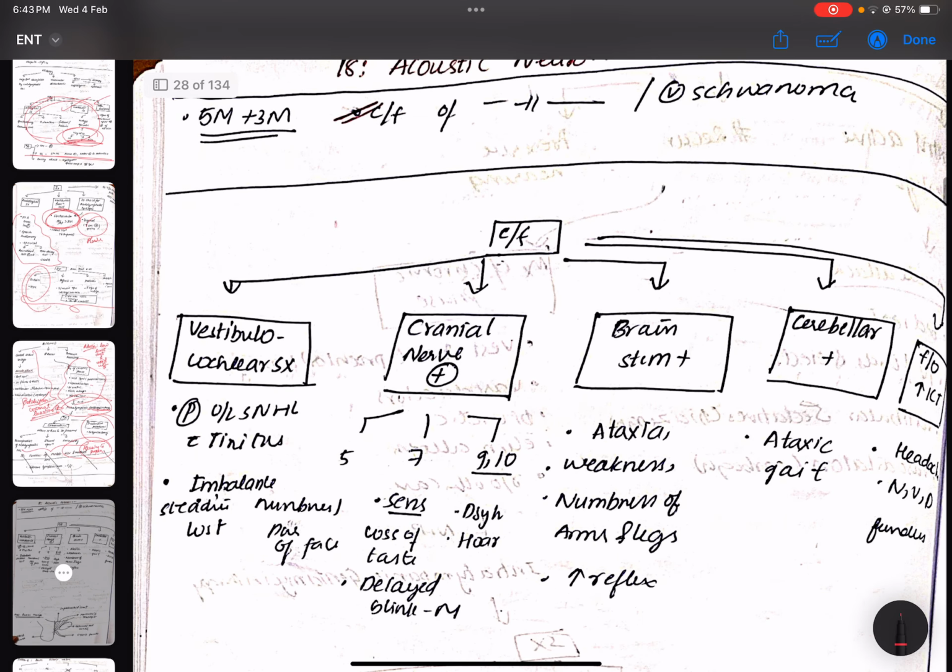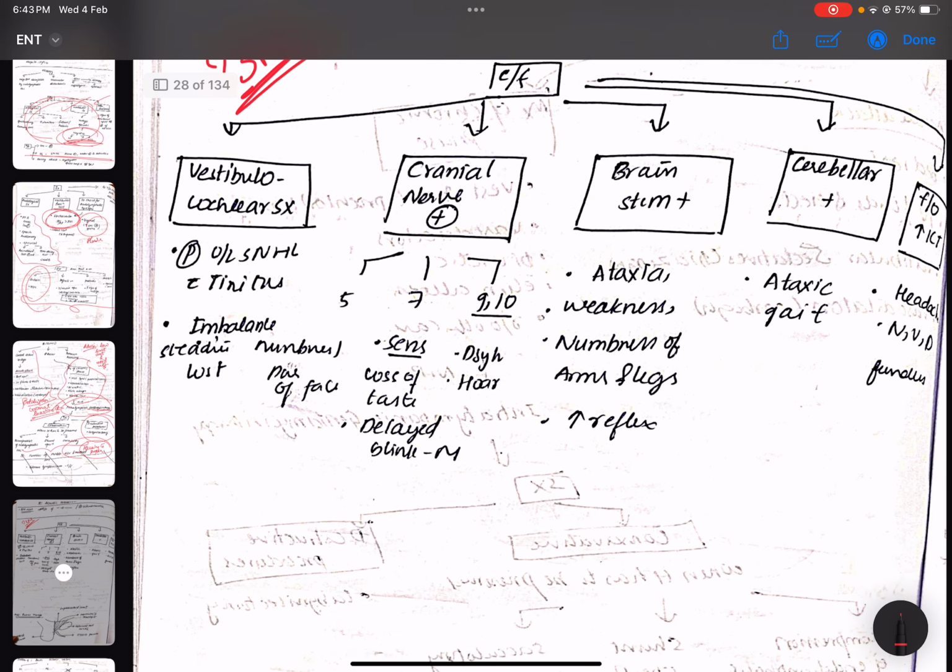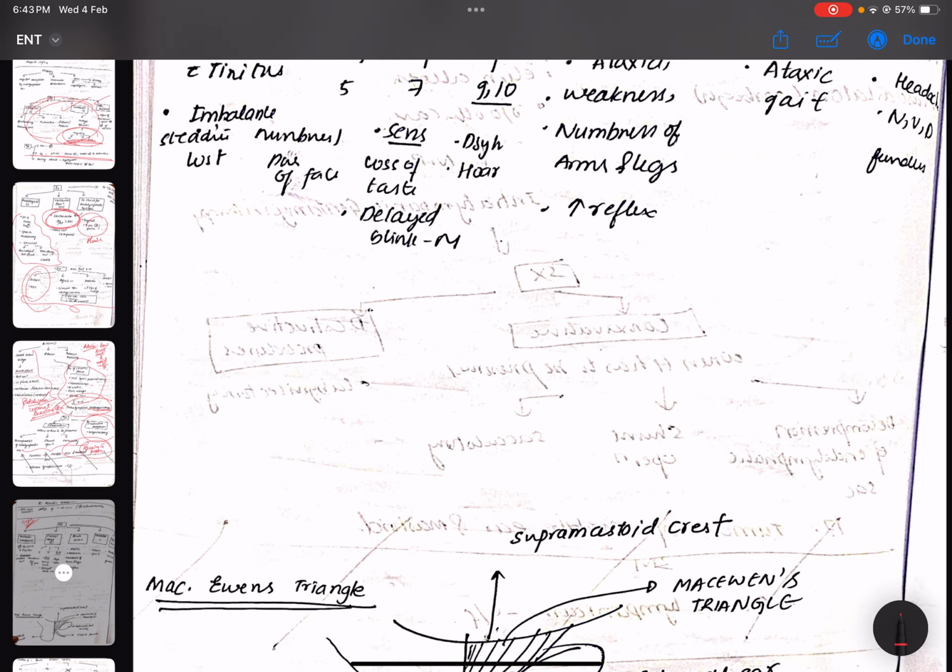Then acoustic neuroma, you might get a 3 marker. While talking about any of the brain tumors, you need to talk about every symptom. I don't think I need to explain, because it is self-explanatory.